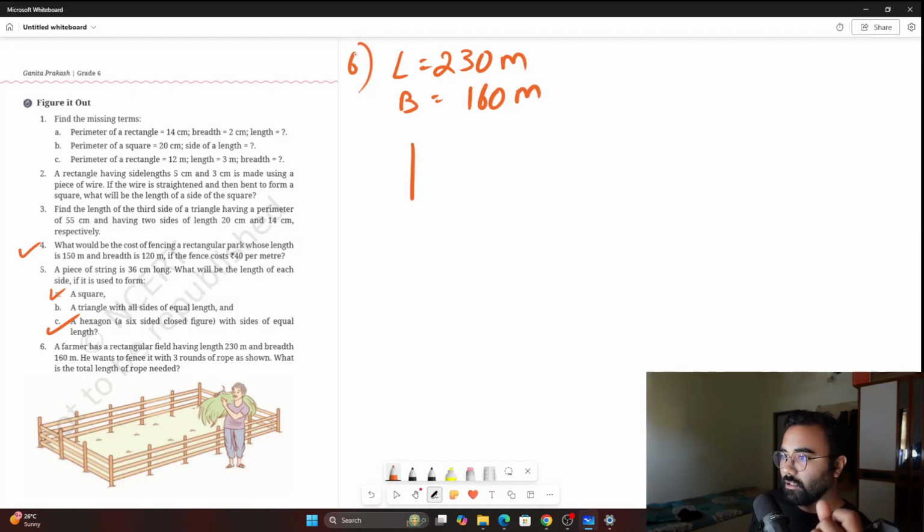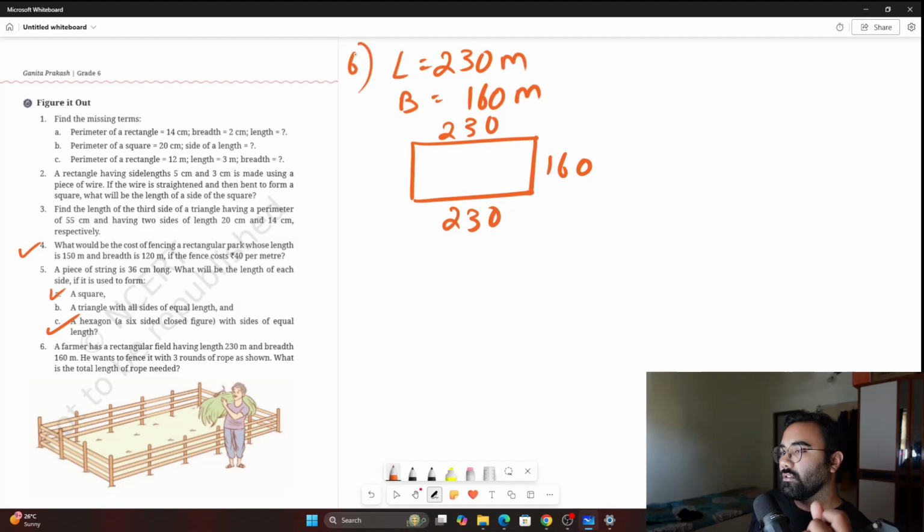So it's basically a rectangle like this. So this is 230, this is 160, this is 230, this is 160. Again, he wants to fence it with 3 rounds of rope as shown. What is the total length of rope required?